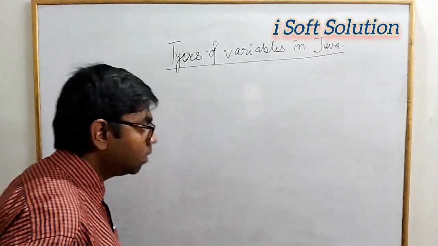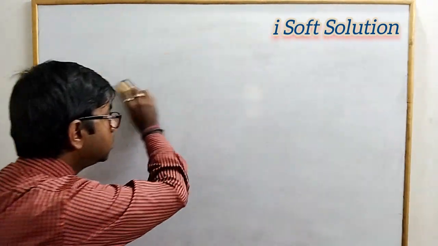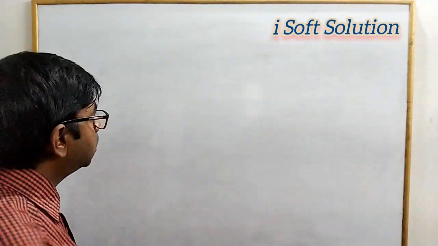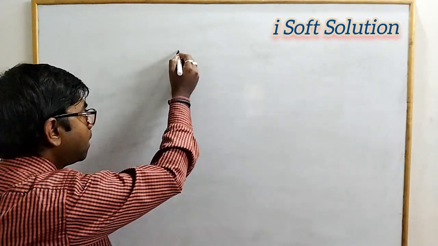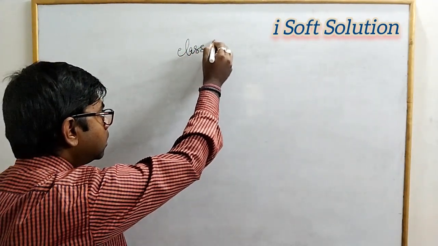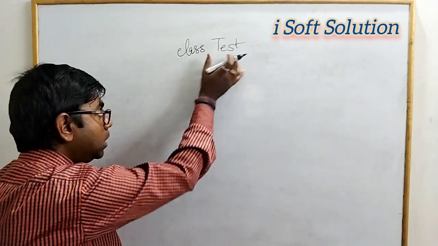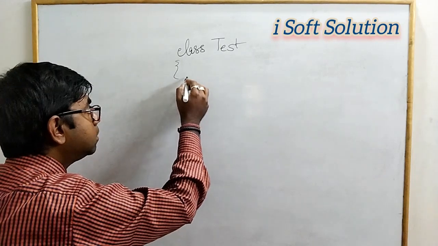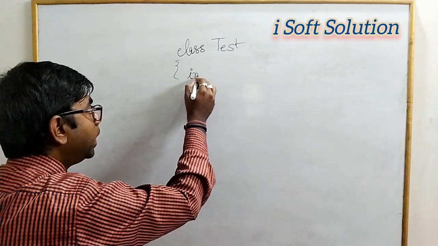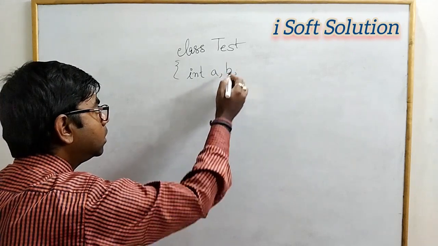Now class test. Suppose test is the name of the class. Within this, I am writing int a, comma b.